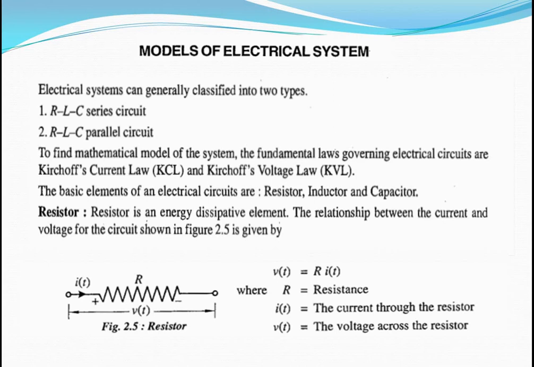But in our study, we are basically focusing on mechanical and electrical systems and conversion, that is, the analogy between electrical and mechanical systems. In that case, it is easier and more convenient to write the equations of the mechanical system using the equivalent mechanical system, and then convert the mechanical system into an electrical system.